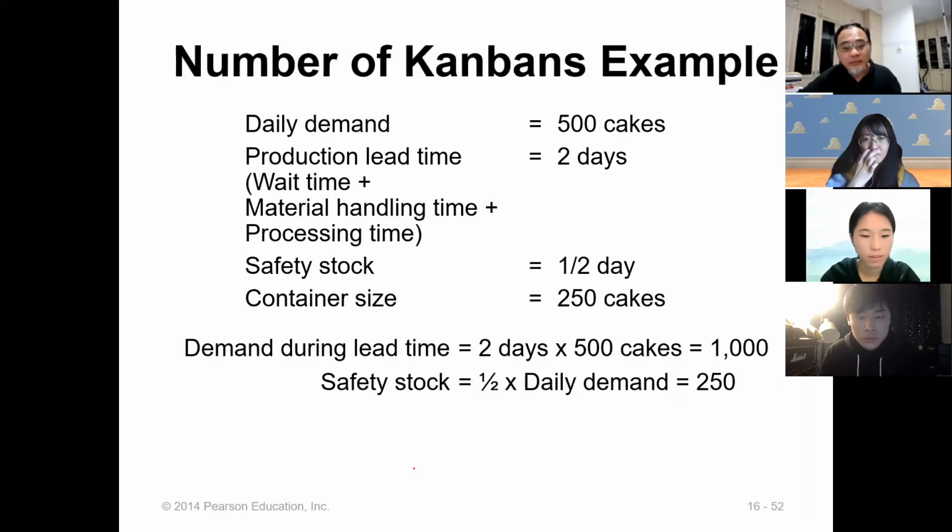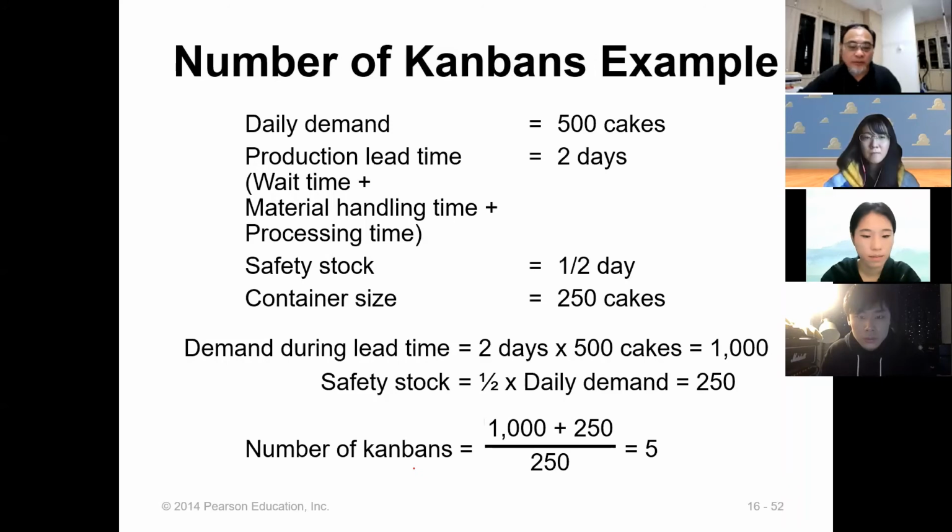So in this case, you need to have 5 Kanbans or 5 containers to rotate between the production and also the storage, or the person or machine that is going to deliver that. So number of Kanbans, in this case 5. Daily demand 500K, production line lead time 2 days, safety stock. So number of Kanban is 5.